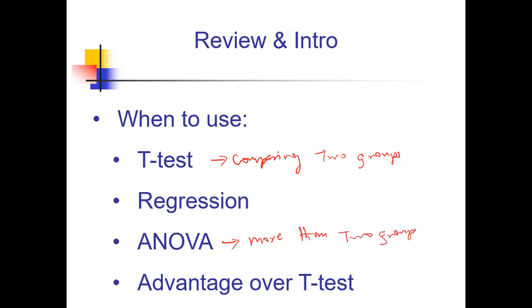Okay, so what happens here is, say, for example, I want to compare the performance of two classes. I can use a t-test to do that, class 1 and class 2, or whatever I call them. But if I want to compare 3 classes, 4 classes, 5 classes, the only way I can do it with a t-test is that I pick those classes in pairs, right? Let's say I have 4 classes, class 1, 2, 3, 4.